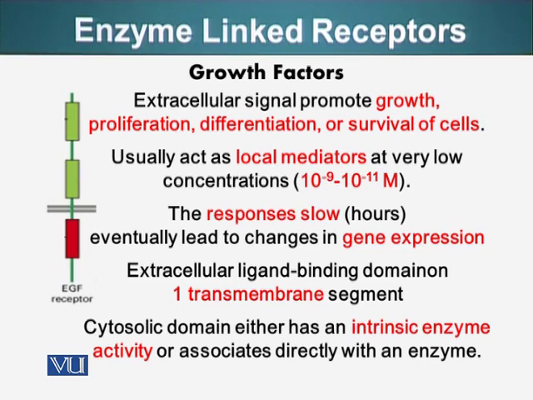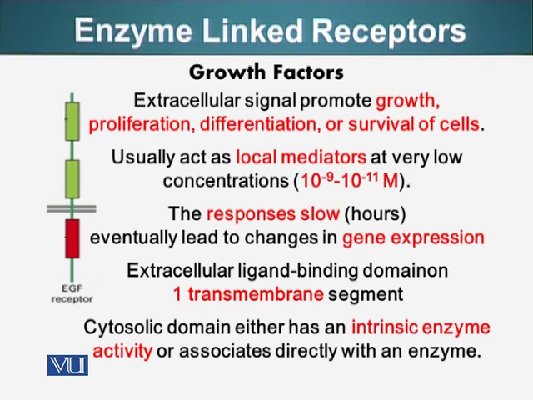The receptors for these signaling molecules or these ligands are single transmembrane proteins. It's a single polypeptide versus, as we saw in G protein coupled receptors, a protein that crossed the membrane 7 times. We call those serpentine receptors.